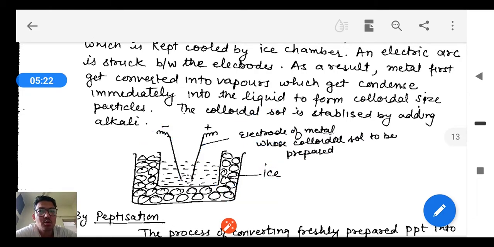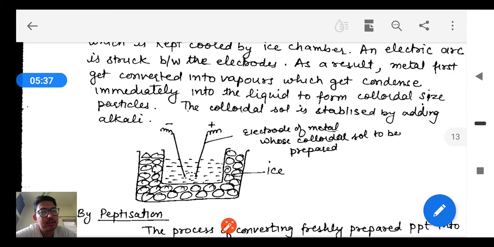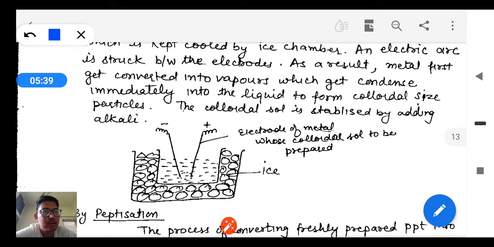Those vapors of the metal immediately condense to form particles of colloidal range, and your colloidal solution of that metal is formed. Okay, and to stabilize the colloidal solution, we add a little bit of alkali. So this is the Bredig arc method.